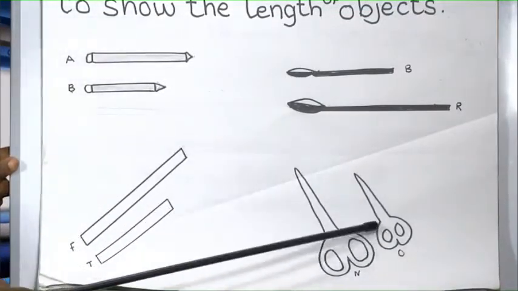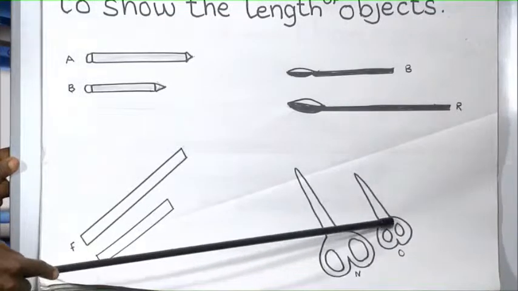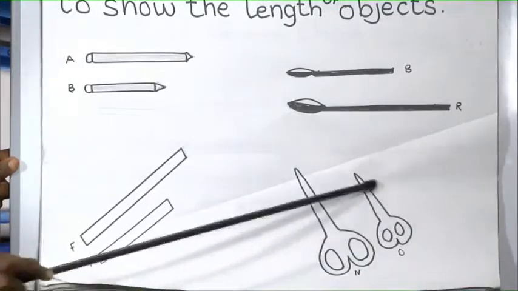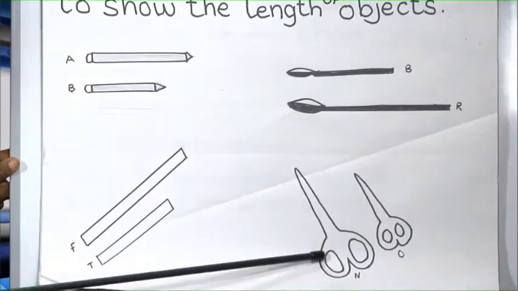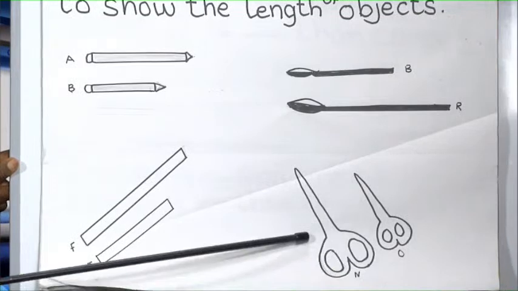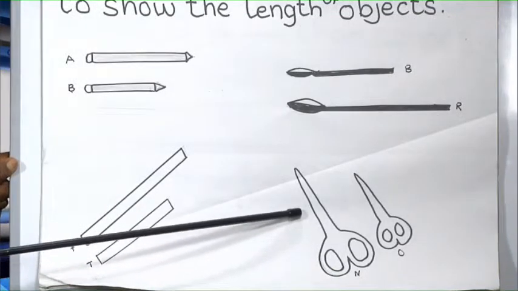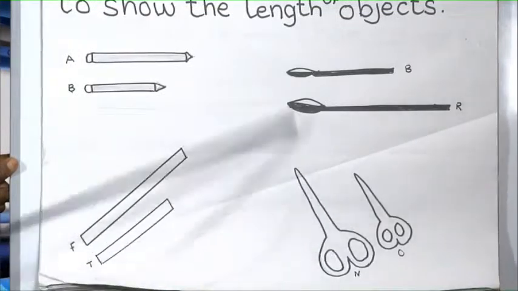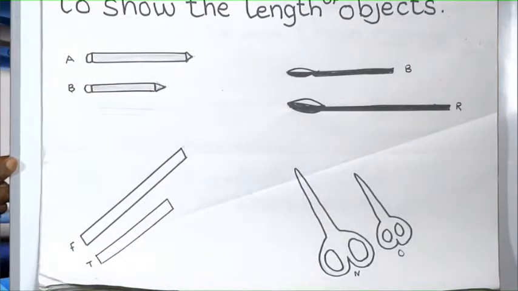Scissor O is shorter than scissor N. And scissor N is what? Longer than. Good. Children, you've done really well.